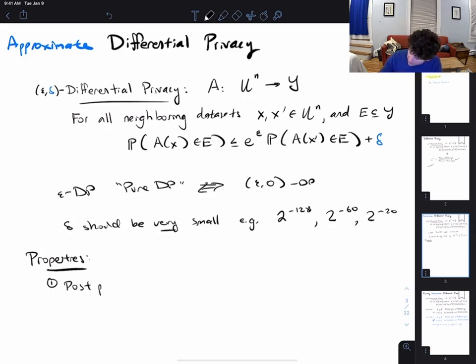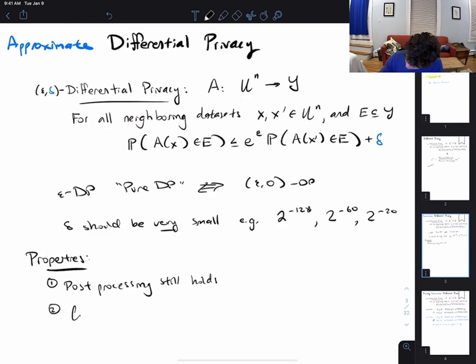One is post-processing, which still holds. If I post-process the output of an epsilon delta differentially private algorithm, the result is still an epsilon delta differentially private algorithm. So that's good. We haven't broken anything too badly because we still have post-processing.